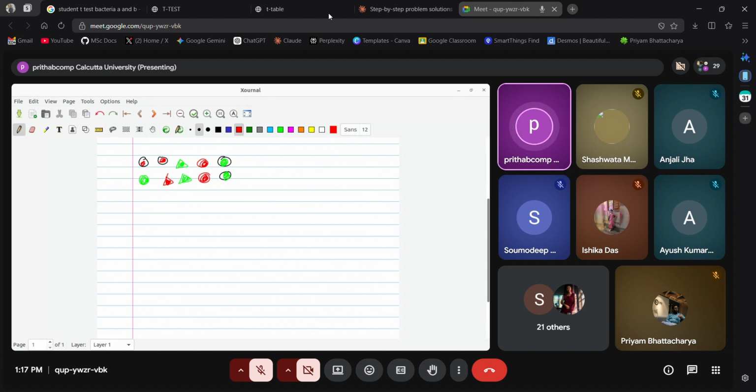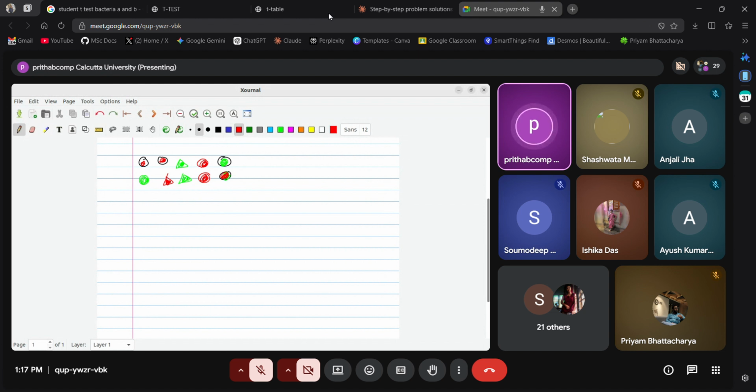Taking a green shape. Okay, now let's see.